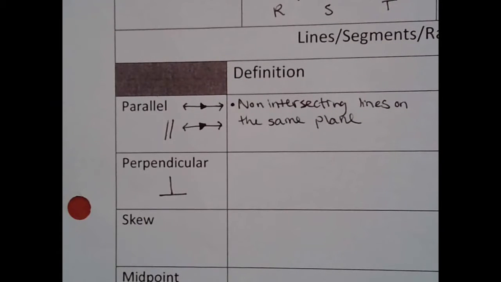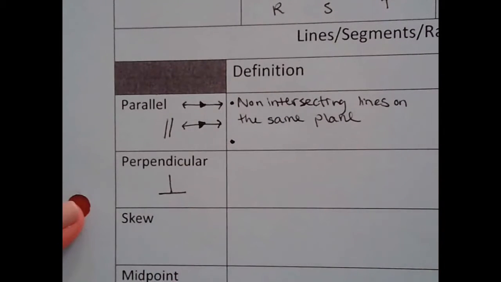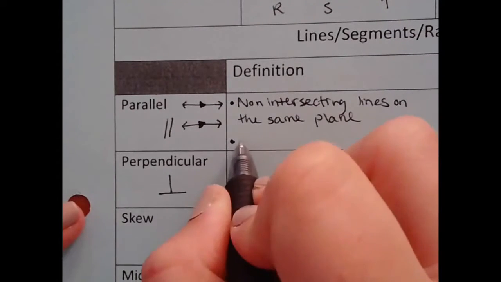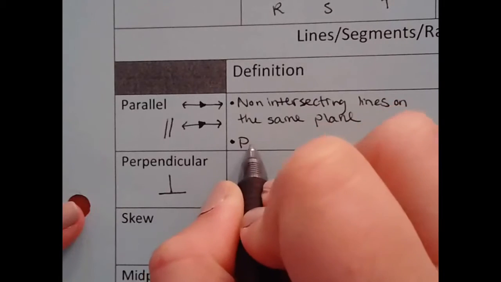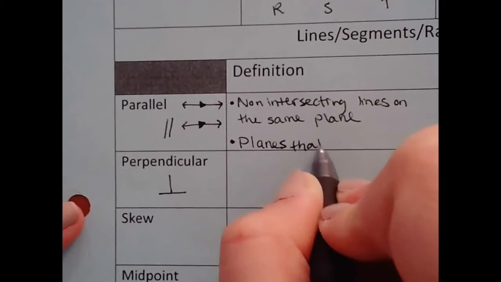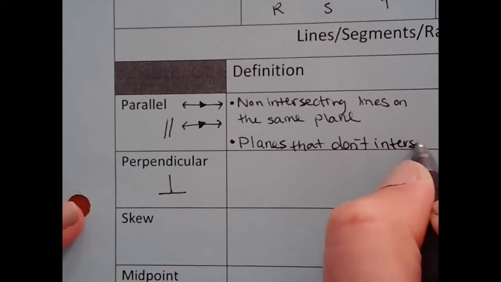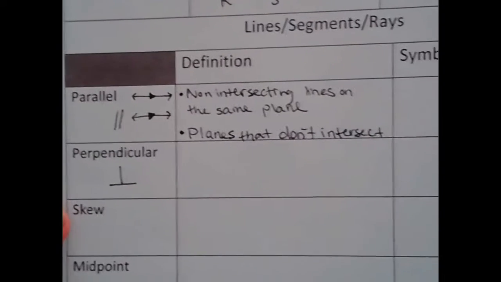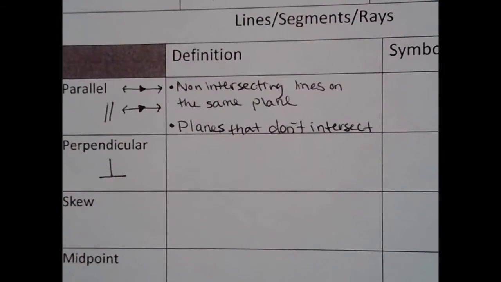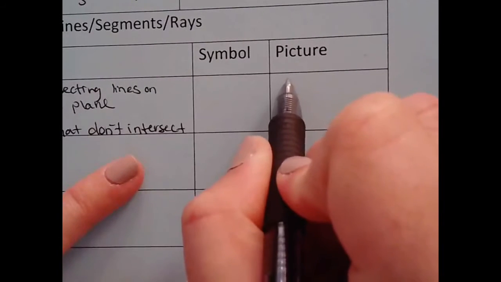I could also talk about planes being parallel. So planes that don't intersect. So a picture of a plane, a three-dimensional plane here.